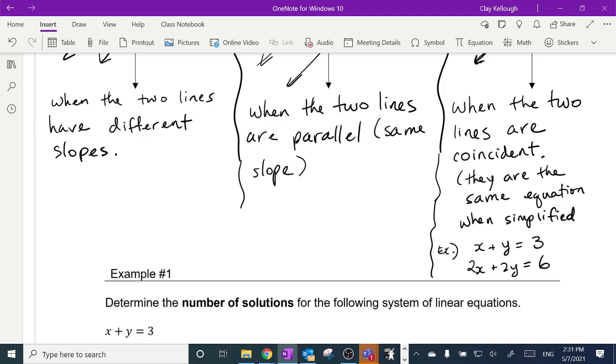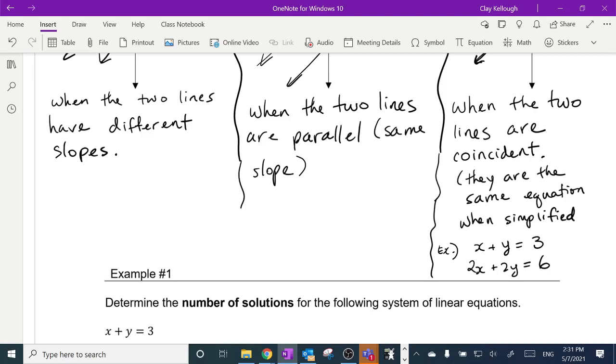In much the same way that the fraction 1/2 and 2/4 are the exact same fraction, right? They're the same amount of pizza, just different size slices, but it's still the same amount. Same idea here mathematically. Those two equations are exactly the same. And certainly when you graph them, they're the same line. So if you had a system of equations where those were your two equations and you asked, what's the solution? Well, remember you're asking the question, what point do they meet at? Well, there's infinite points that they meet because one of them's right on top of the other.